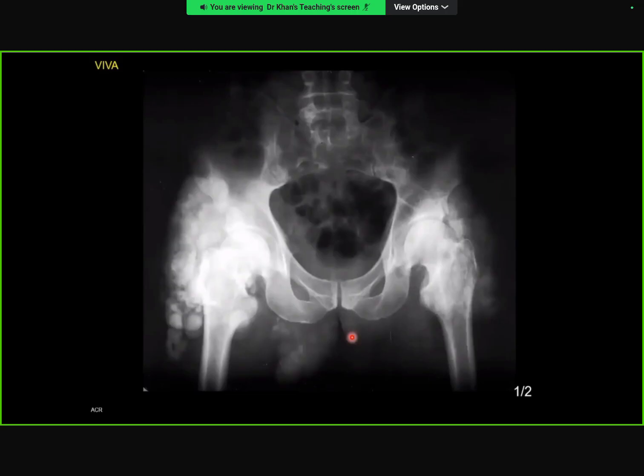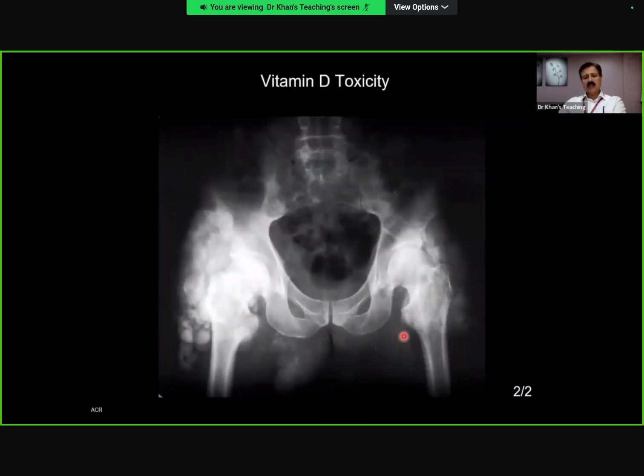Okay, that's fine. If you see here, this is a very significant amount of calcification overlying joints, and the finding is quite significant. For this type of calcification, three differentials should be in your mind.